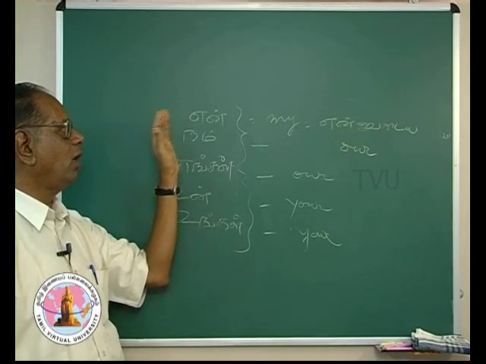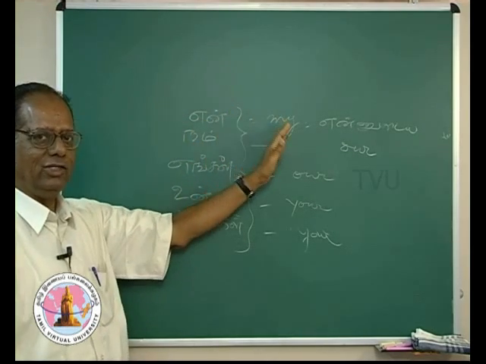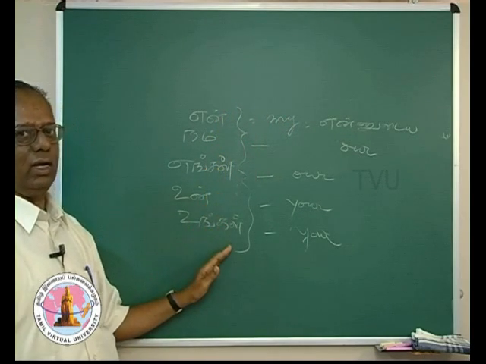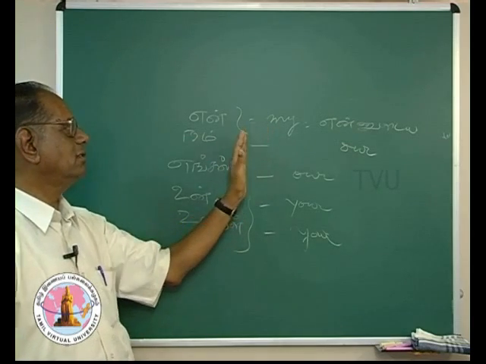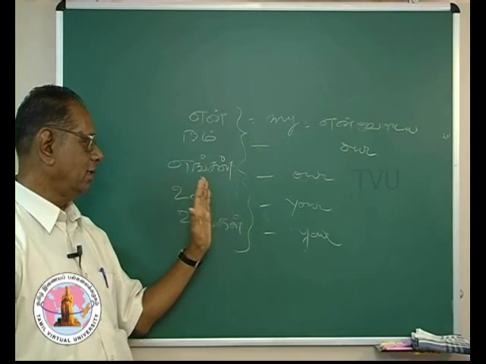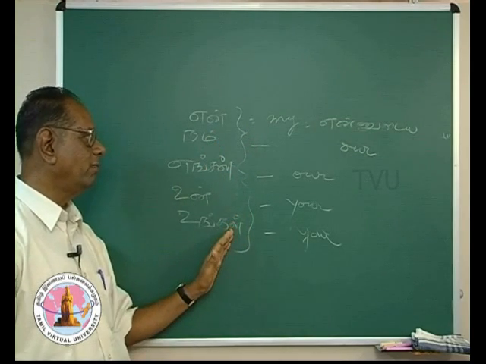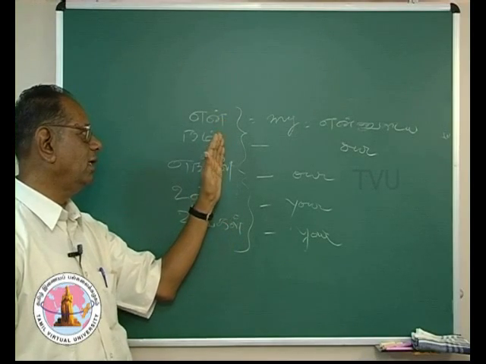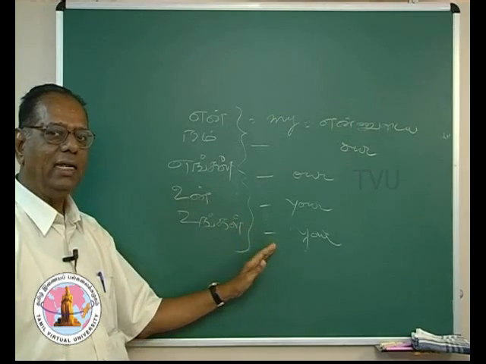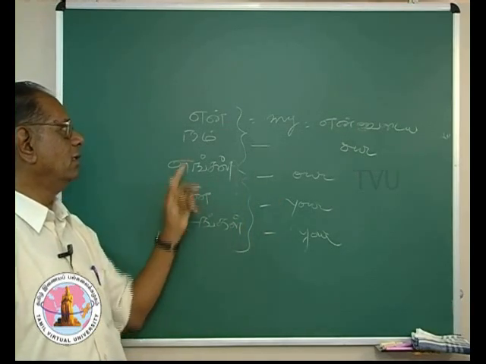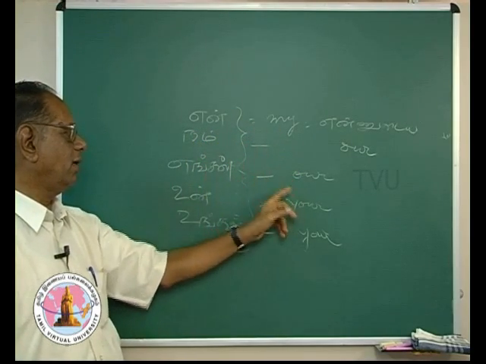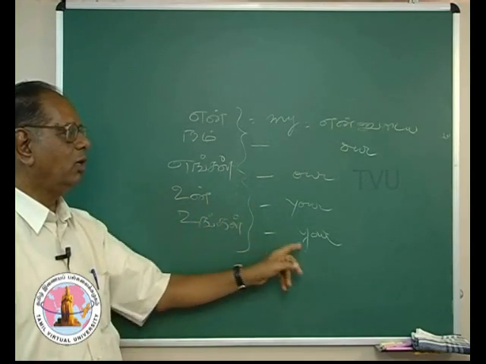Those forms had to undergo a change before accepting the case marker. So, they became en, nam, engal, un and ungal. So, instead of adding this udaya and making it a bigger word, they agreed to have this form, all these en, nam, engal, un and ungal, to serve the purpose without adding physically the case marker. So, en serves the purpose of my, nam, our, engal, our, un, your singular, ungal, your plural.